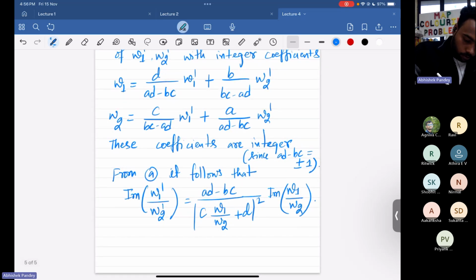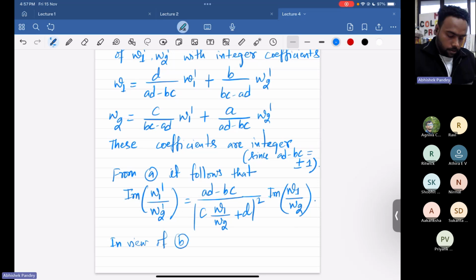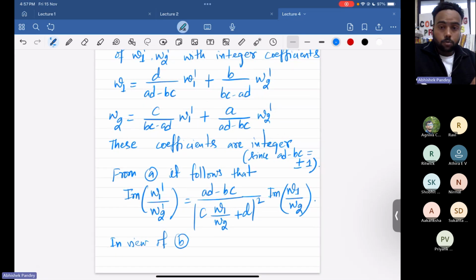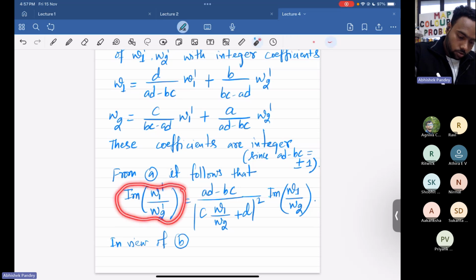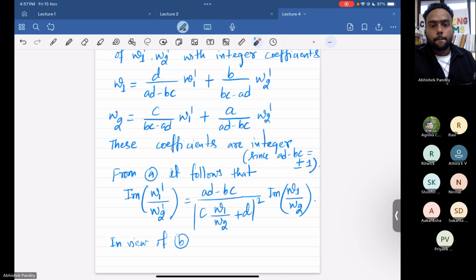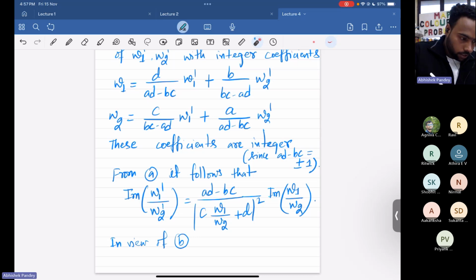Okay, so in view of B, this is just a calculation. Now we are talking about the normalized base. So in view of B, this quantity and this quantity are simultaneously positive if and only if AD minus BC is exactly equal to 1. I mean, it cannot be minus 1. This is quite clear.